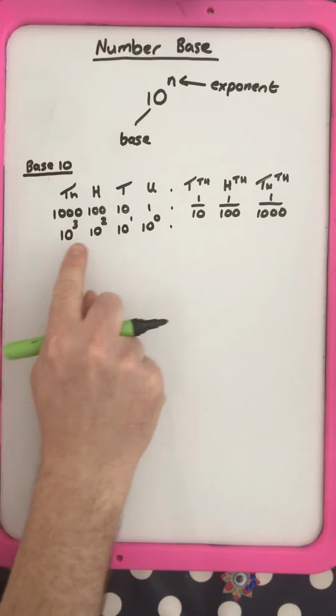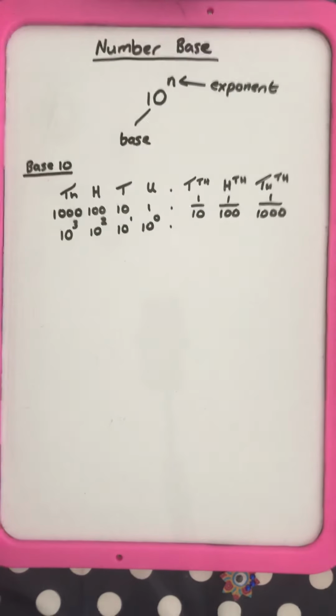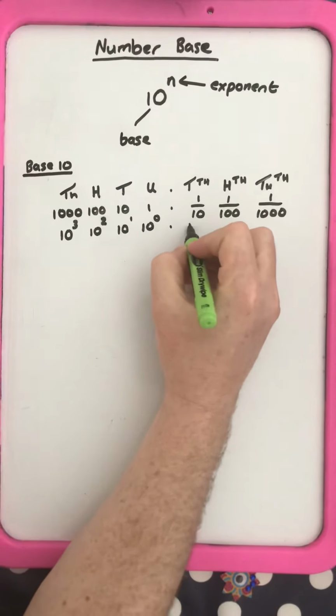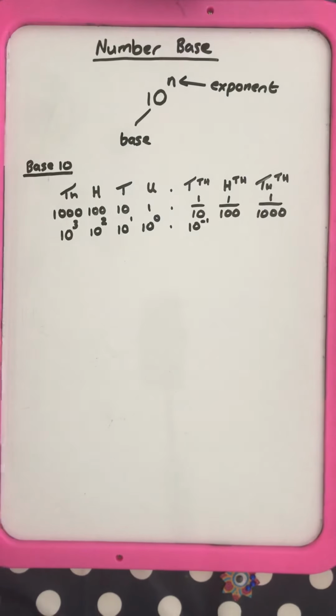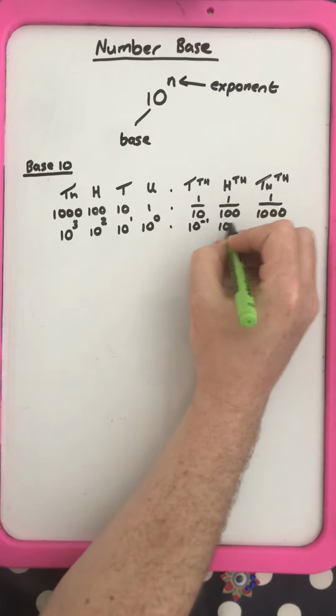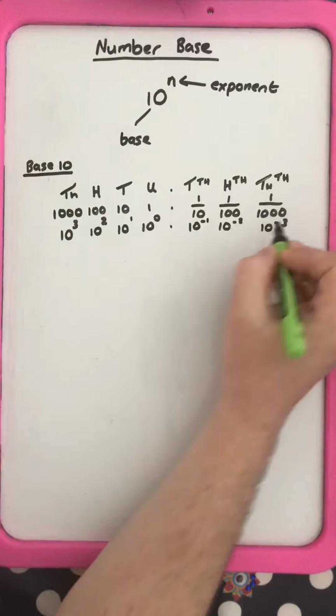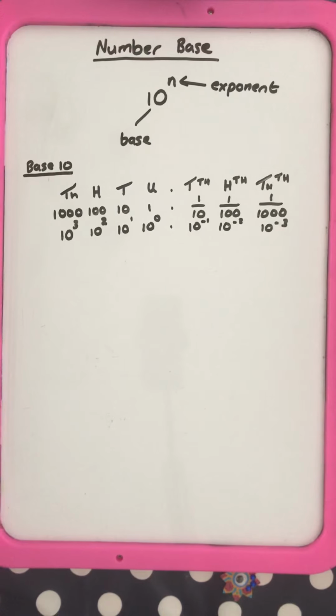What does that then mean at the right hand side of the decimal point? 3, 2, 1, 0. 10 to the power of negative 1. 10 to the power of negative 2. 10 to the power of negative 3.